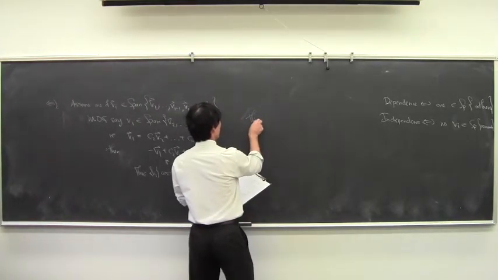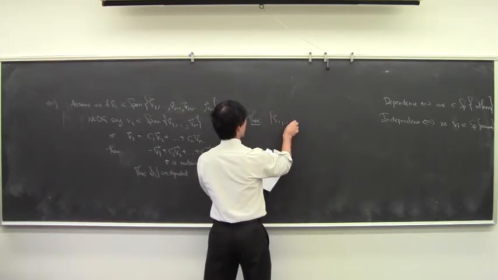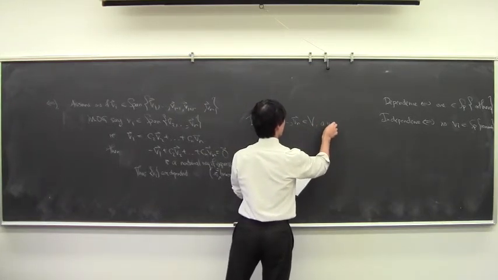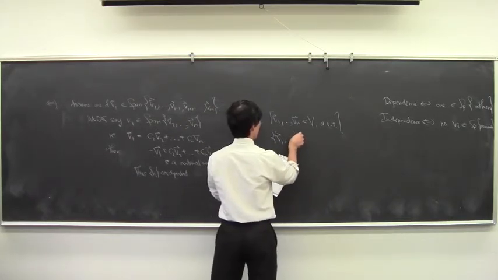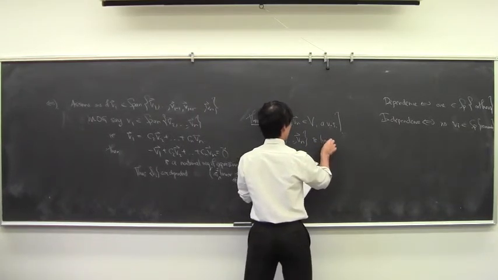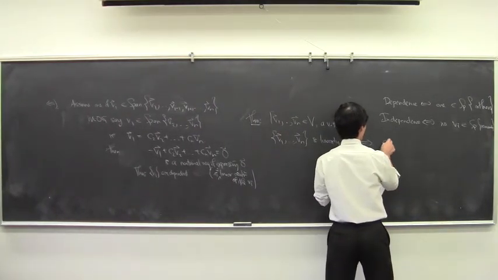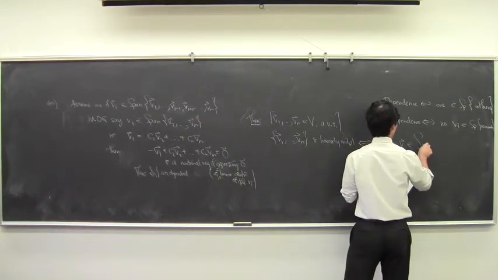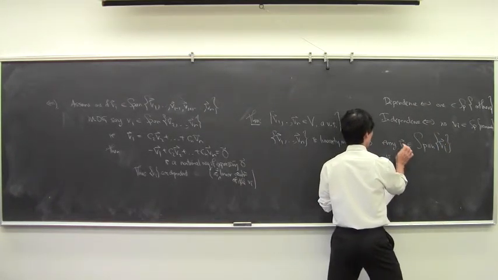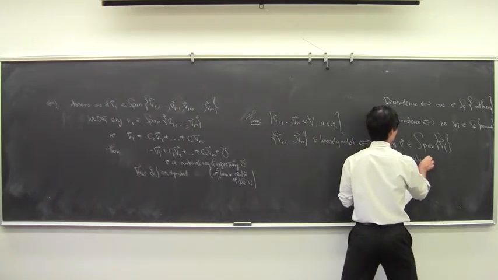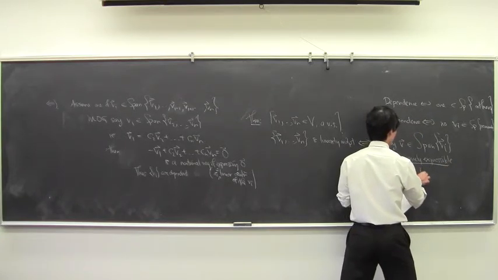Okay. So now I'll state the theorem. Again, you have V1 to Vn in V, a vector space, and what we'll see is this: V1 to Vn is linearly independent if and only if every vector in the span of the Vi is uniquely expressible as a linear combination of the Vi.